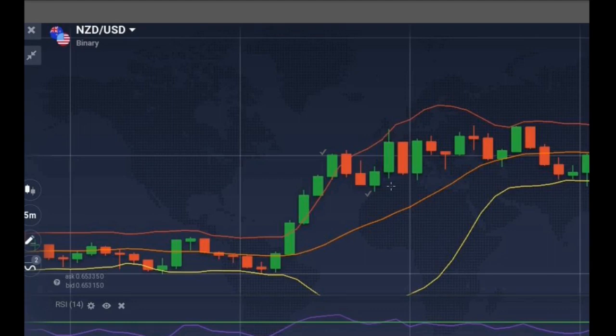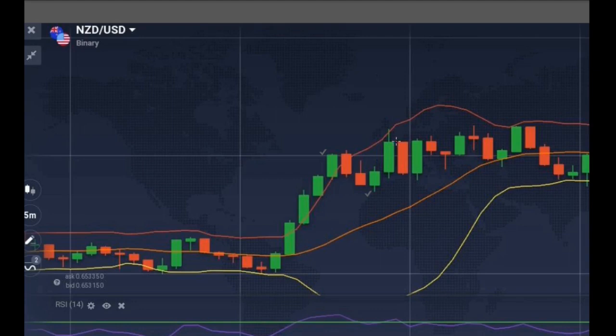This higher high does not agree with this RSI level. If you draw this level down, you will realize that the RSI formed a lower high.